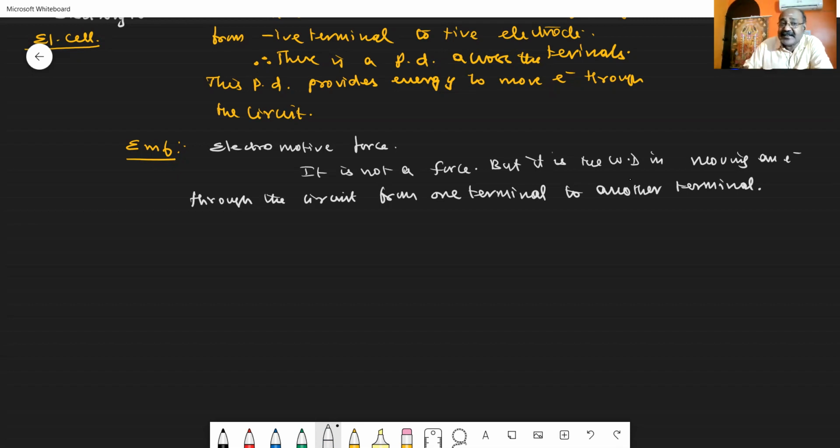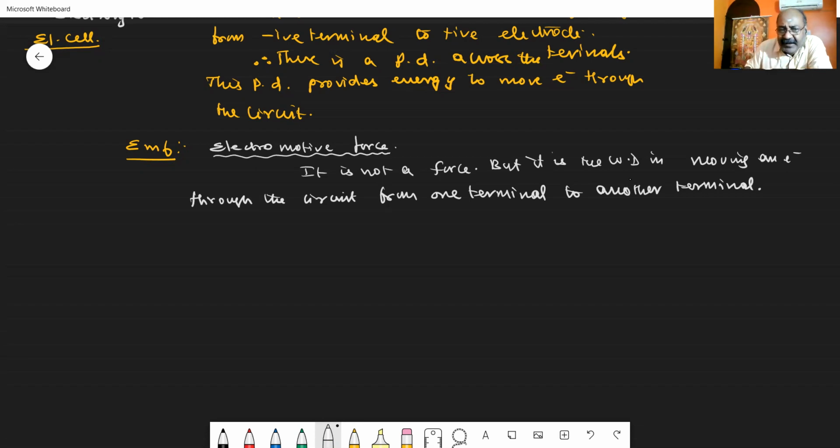But here we are not calling it a potential difference. Instead, we call it an electromotive force. What is that electromotive force? It is the potential difference across the electrical cell when no external circuit is connected.